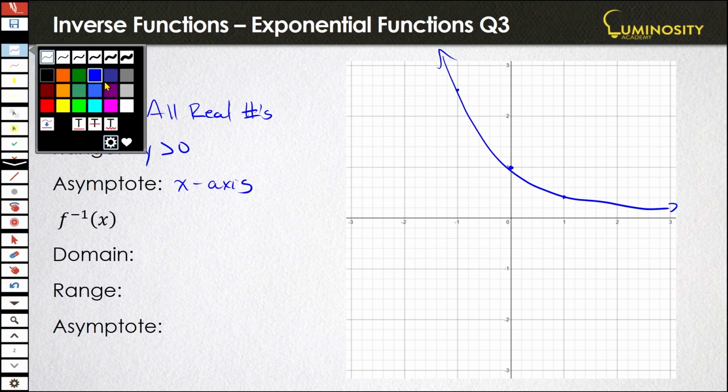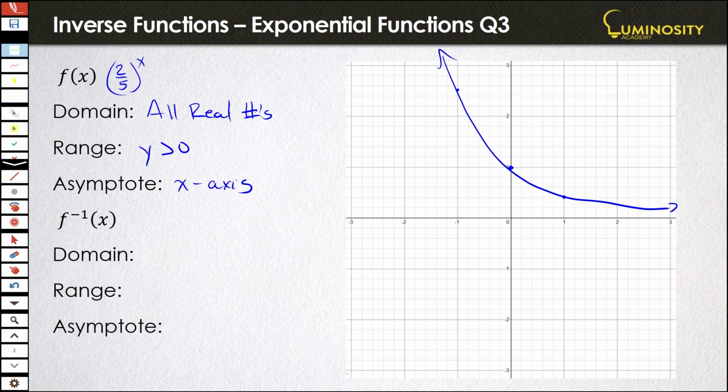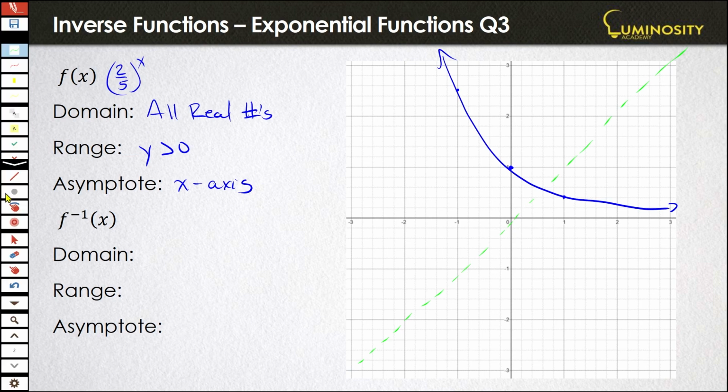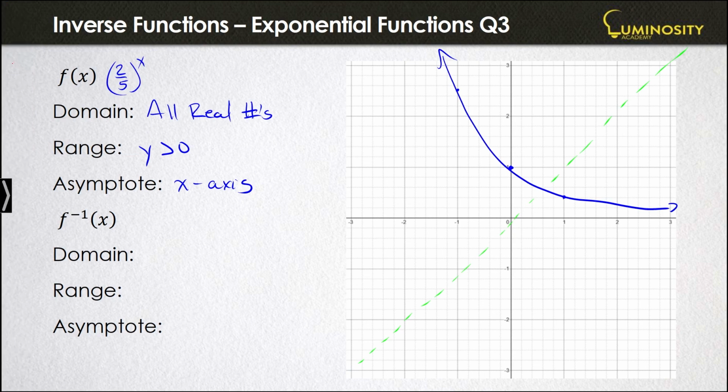So now we want to just put this y equals x line right there so we can see that this is going to be mirrored. So our f inverse was log base 2/5 of x.